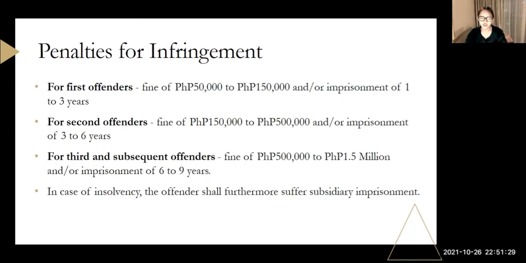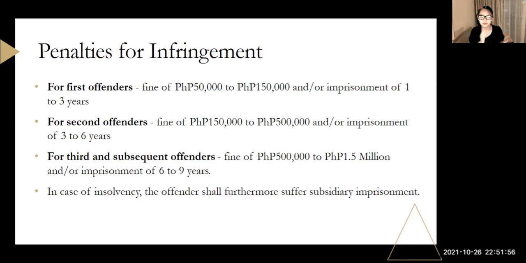And in case of insolvency, the offender shall furthermore suffer subsidiary imprisonment. So yung insolvency, yun yung state of financial distress in which a business or person is unable to pay their bills. In Tagalog, insolvency is pag hindi na mabayaran yung utang or yung hindi naman sa utang, yung fine na binigay.